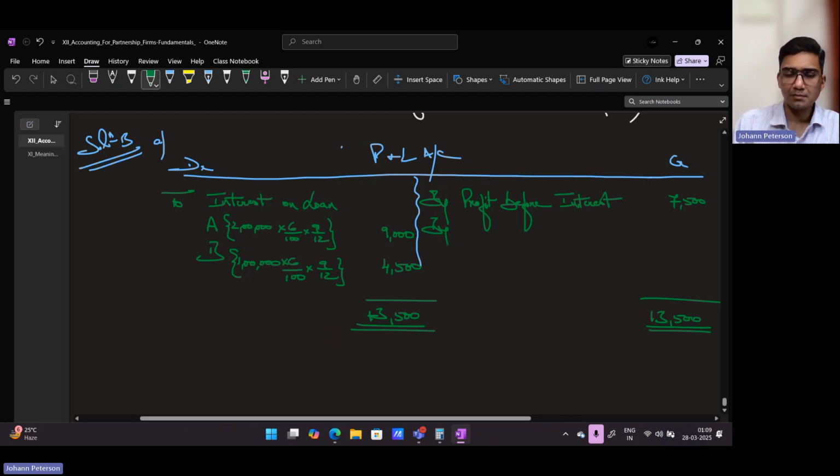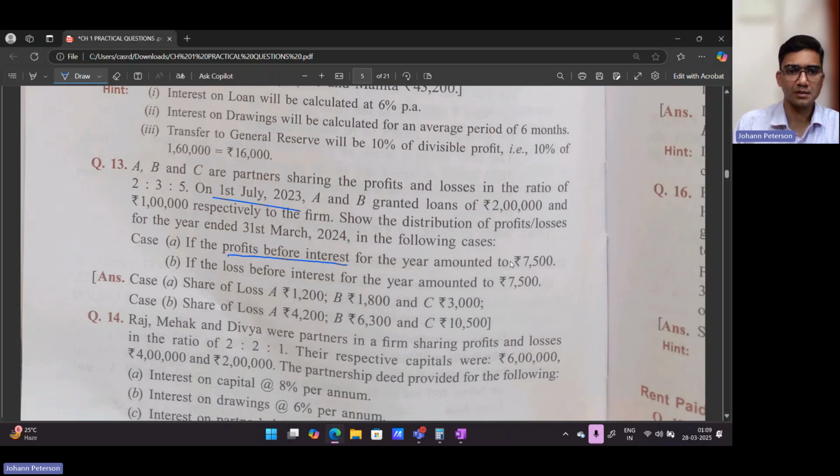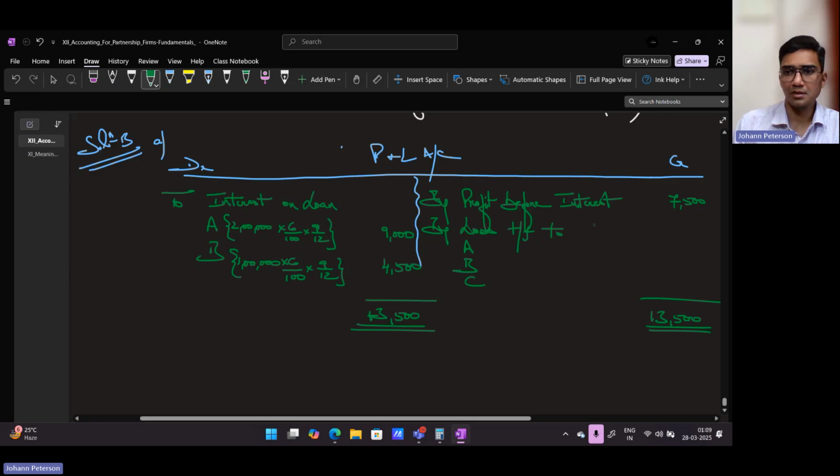Now we will get a loss. Loss transferred to A, B, and C, we have three partners. How much are we giving it in? We are giving it in 2:3:5. So what is our loss? Our loss is 13,500 minus 7,500, which comes out as 6,000.